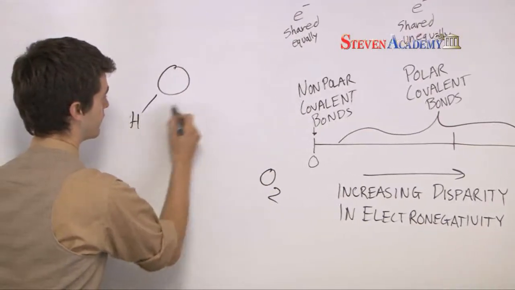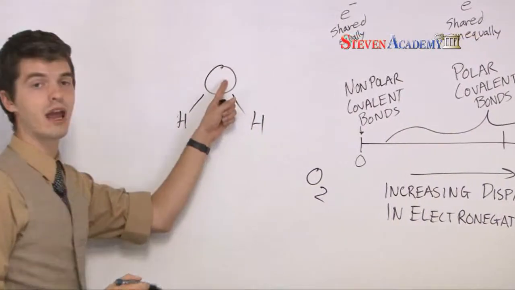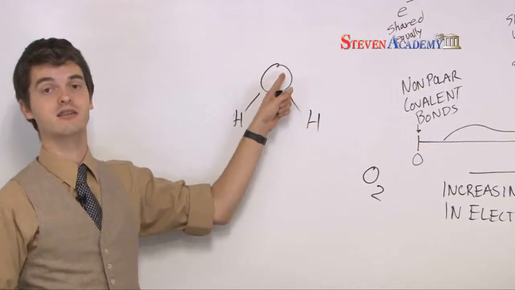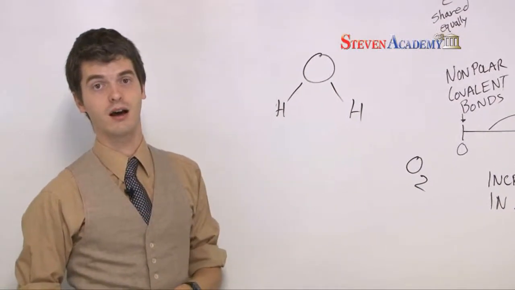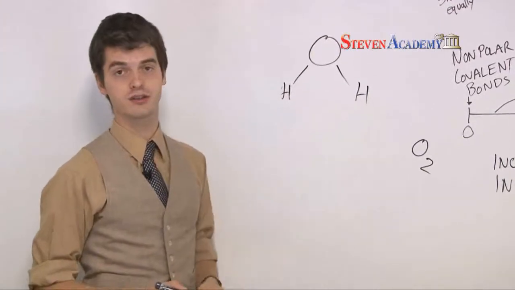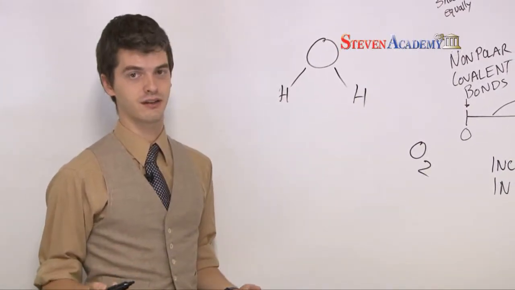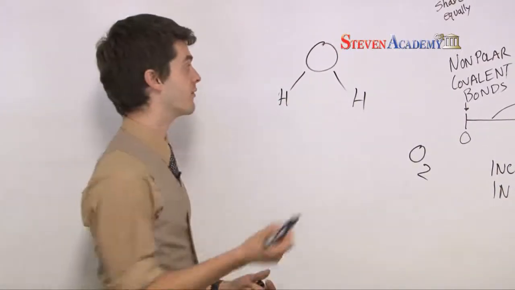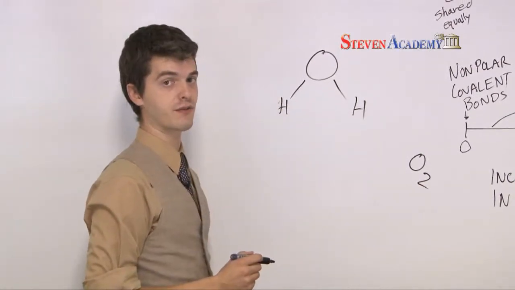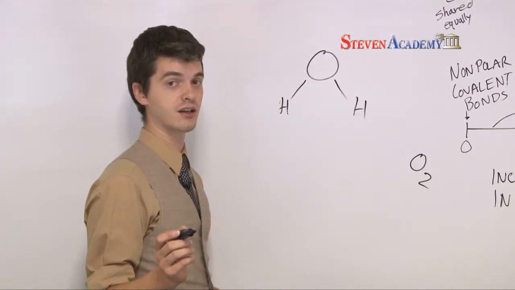All right? Now, what's happening here is we have a large oxygen that has a very strong electronegativity. And then you've got these small little hydrogens that do not have as much electronegativity as the oxygen does. Now, it forms a covalent bond because the difference in electronegativity is not that great.